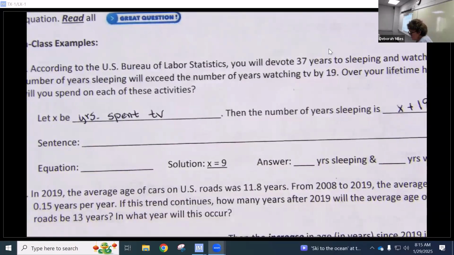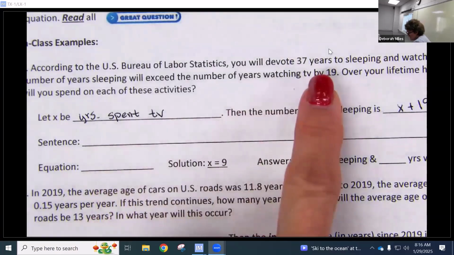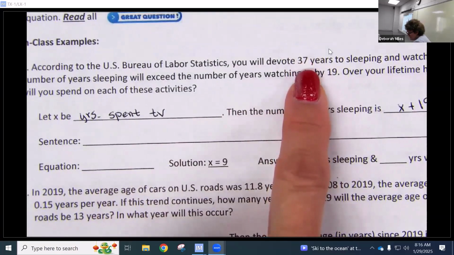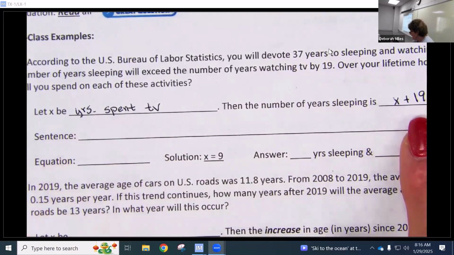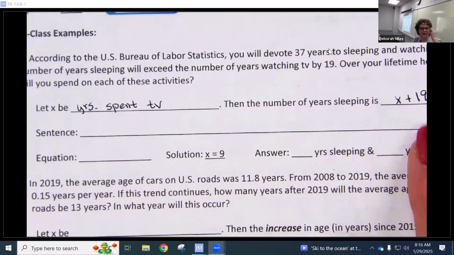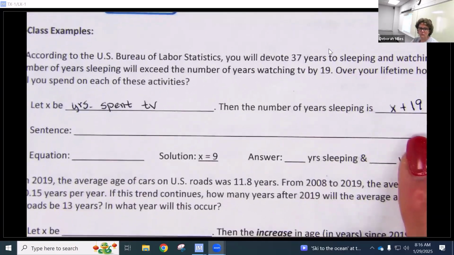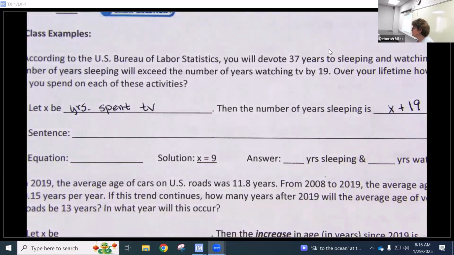So I've labeled the thing that I don't know. I understand 37 is what I get when I add these together in my head. And again, I don't write these sentences down all the time, but I did when I was first learning to be good at word problems.